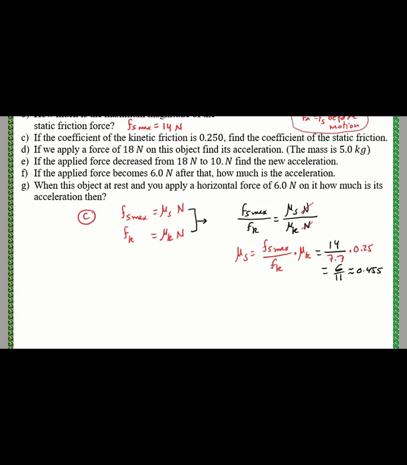Part D, if we apply a force of 18 newtons on this object, find its acceleration. The mass is 5 kilograms. Now, for part D, Fa equals 18, which is larger than Fs maximum, so there is motion.